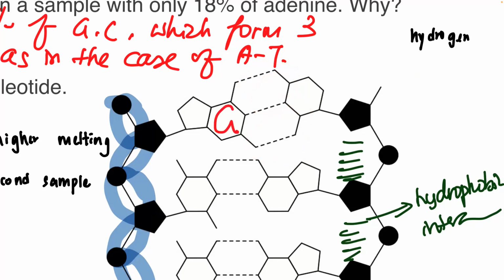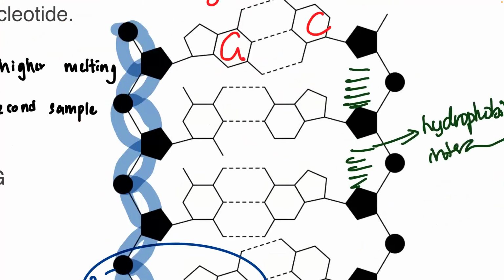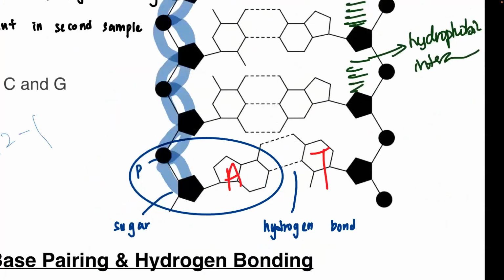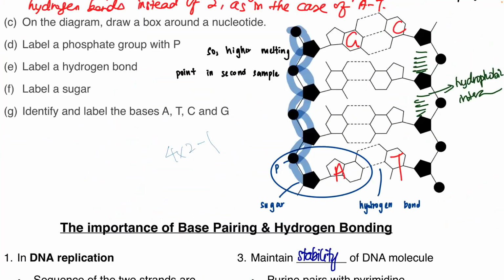So this is G, this is C. Those with 2 hydrogen bonds would be A and T. A would be the purine with 2 rings, and T would be the thymine with 1 ring.